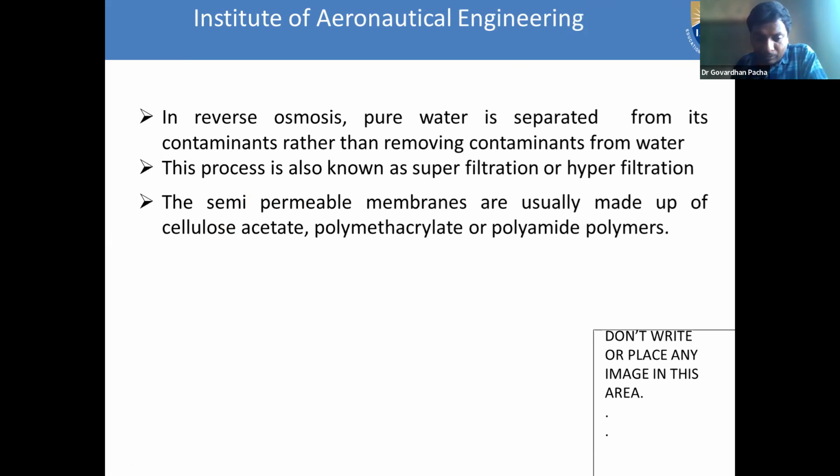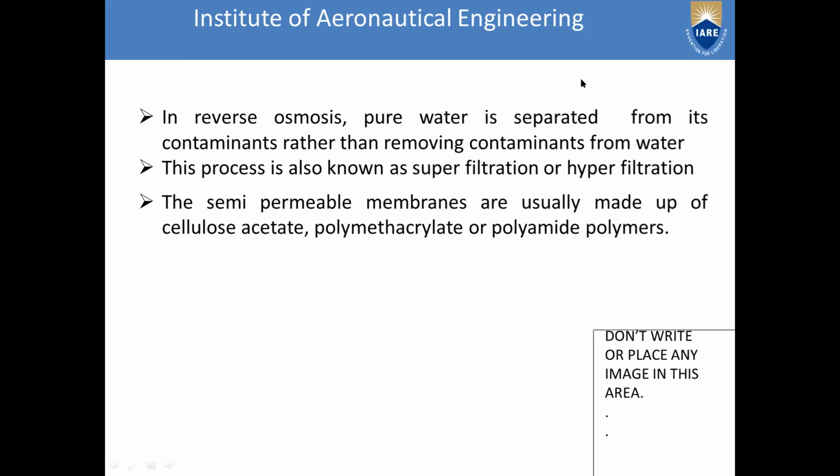Tell me, what are the chemicals used for manufacturing the semi-permeable membrane? Cellulose acetate, polymethacrylate, polyamide polymers.